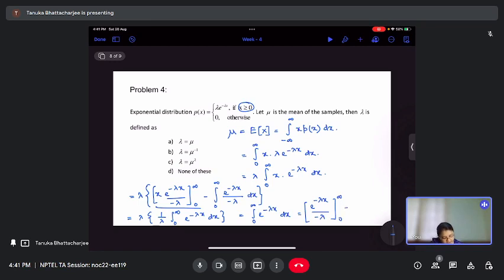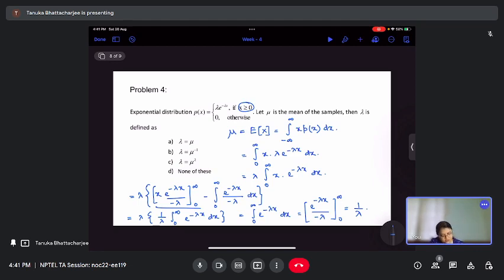So if we put that limit, when we put infinity, again this term becomes 0, and if we put 0, this term becomes minus 1 by lambda, and we will have 1 minus sign before. So together it becomes 1 by lambda. So we can see that the expectation for exponential distribution is given by 1 by lambda.